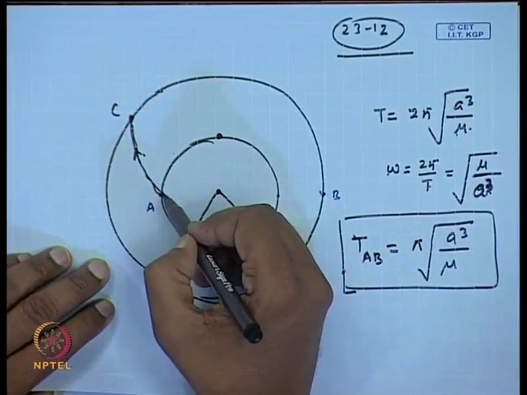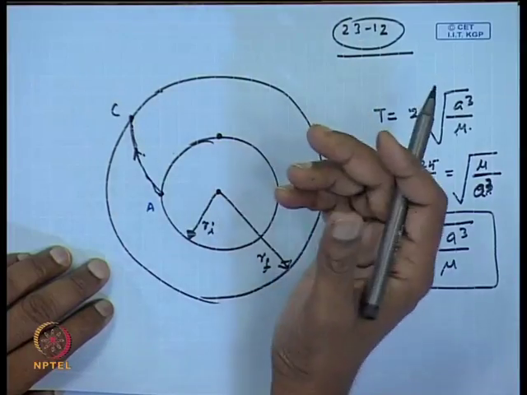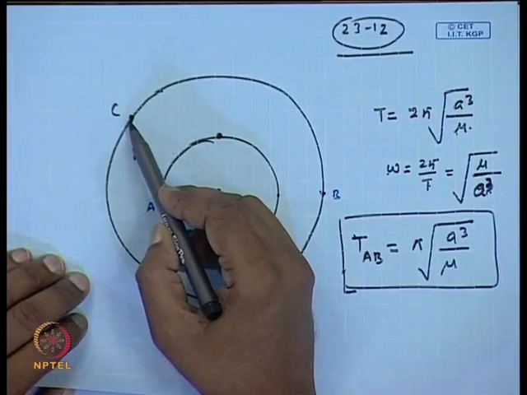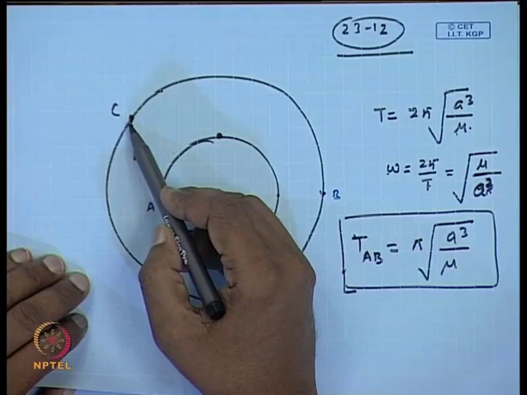Okay. So, the time of transition from this point to this point will obviously be very small, and thereby you save a lot of time, though of course, we know that the energy to be given at this point and this point will be much larger. So, we have to pay in terms of the propellant mass, there is no other option.